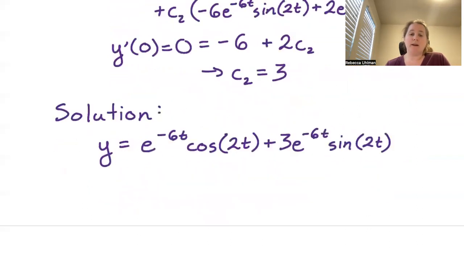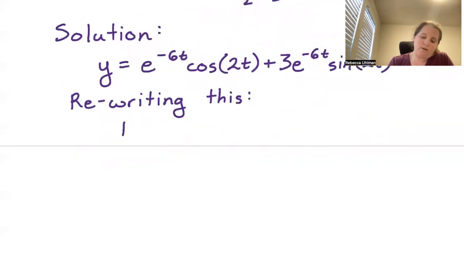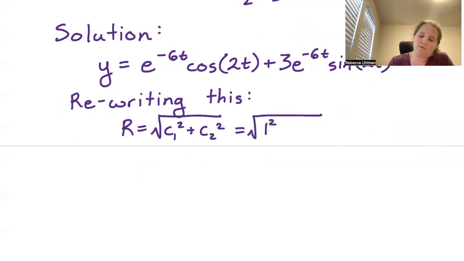And then we can rewrite this. So rewriting this, we have r is the square root of C1 squared plus C2 squared, or the square root of 1 squared plus 3 squared. And we get r is square root 10.